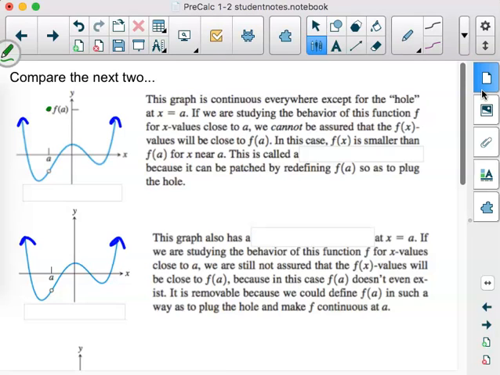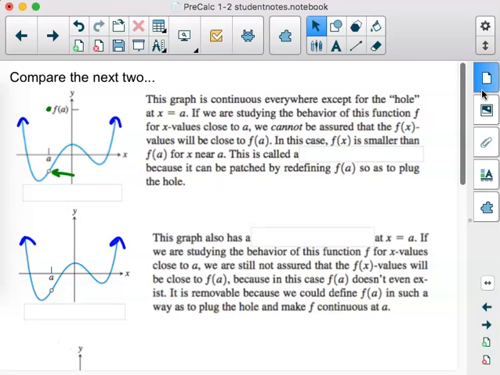Look at this little f of a way up here. That's not good. We would have expected it to fill in that little dot right there, but it doesn't. This graph is continuous everywhere except for the hole at x equals a. If we're studying the behavior of this function f for x values close to a, we cannot be assured that it's going to fit right in line with what's going on with the graph's y values.